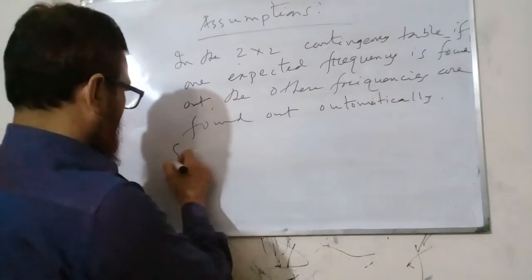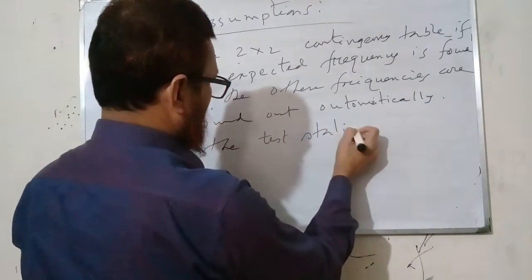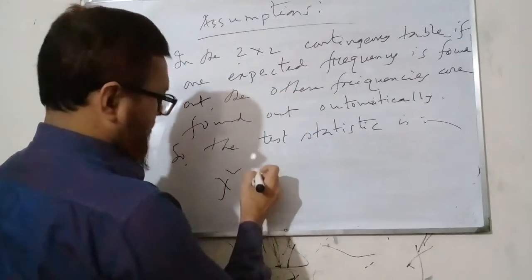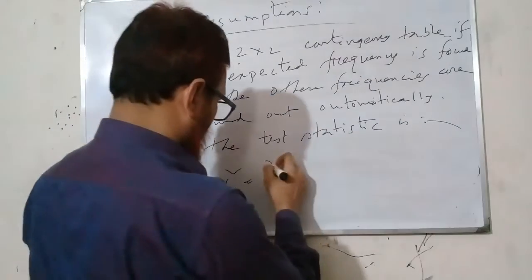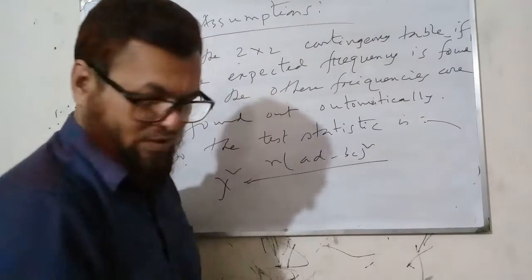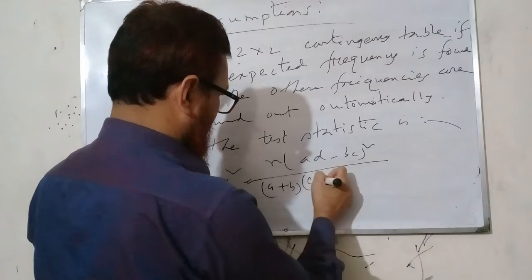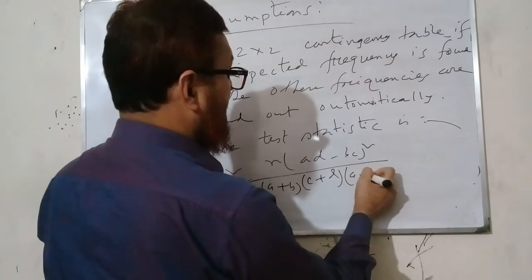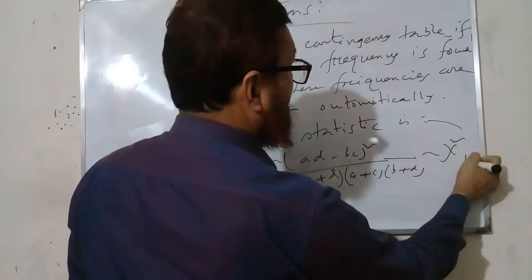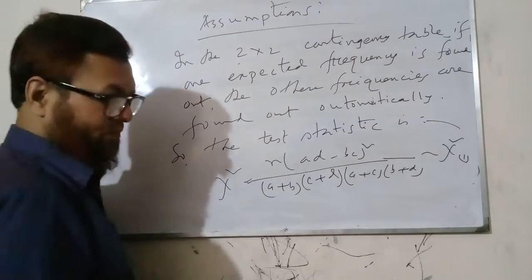So the test statistic is chi-square equal to N (ad minus bc) whole square divided by (a plus b)(c plus d)(a plus c)(b plus d), which follows chi-square distribution with 1 degree of freedom.